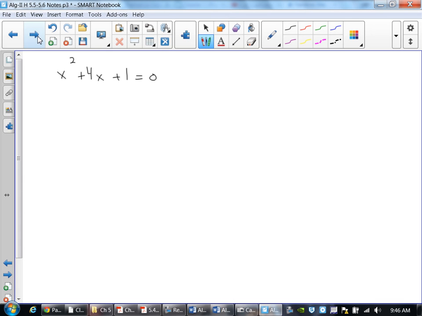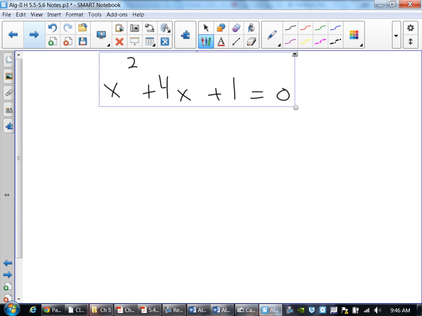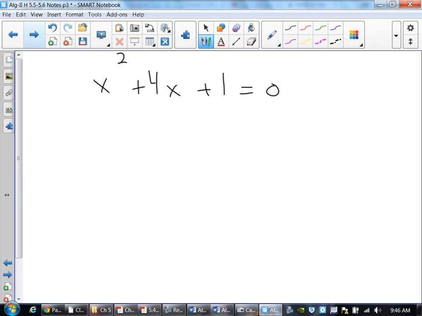Let's do another one. x squared plus 4x plus 1 is 0. First step is to move the c.